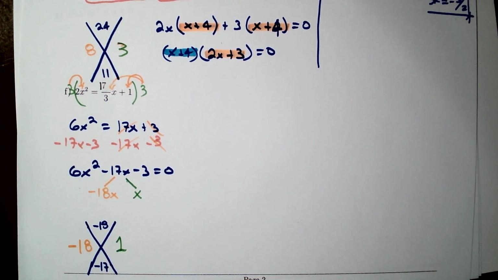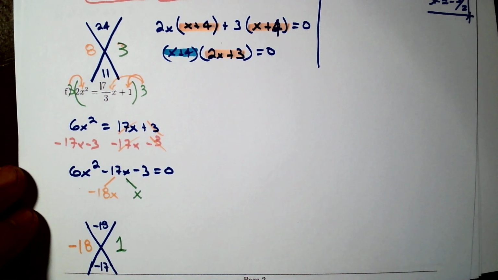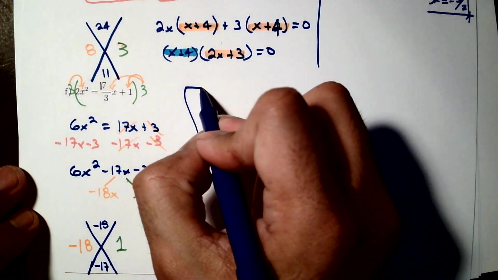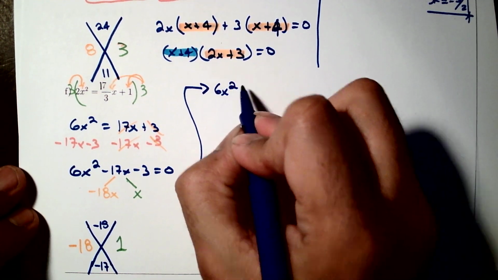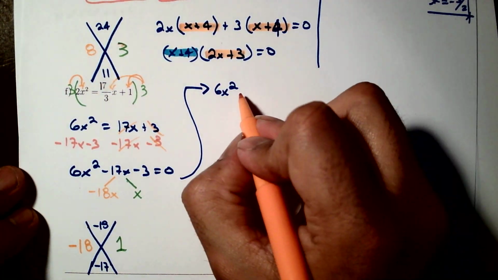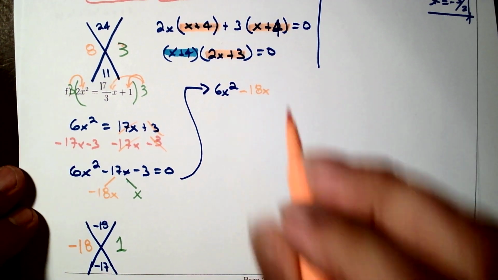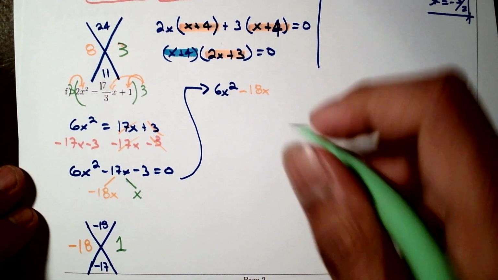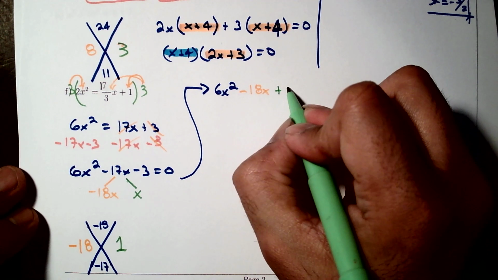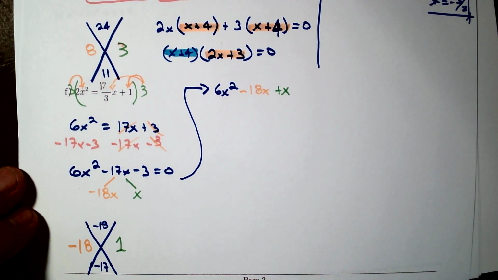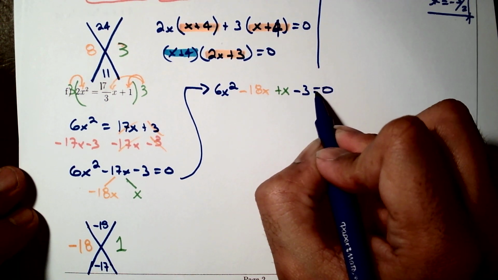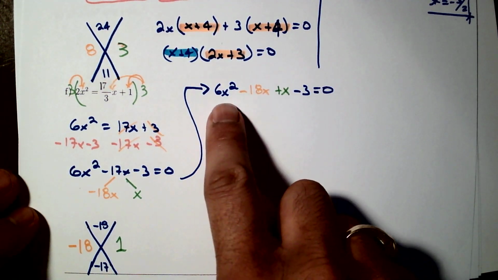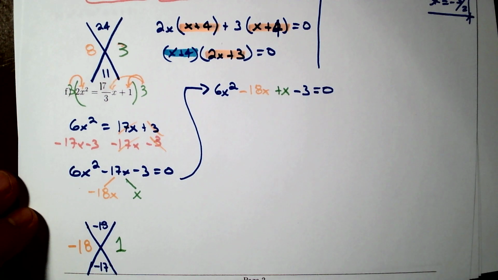Alright, so let's move on to the next step. So I'm going to go up here and I'm going to write 6x squared minus 18x plus x, and then minus 3. And then because we have 4 terms, we're going to factor by grouping.